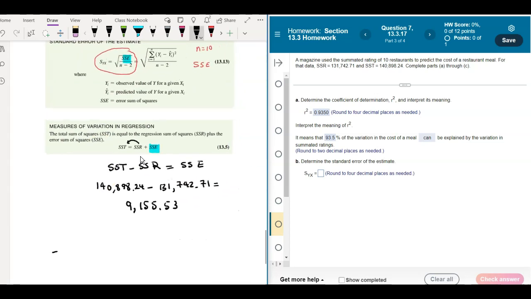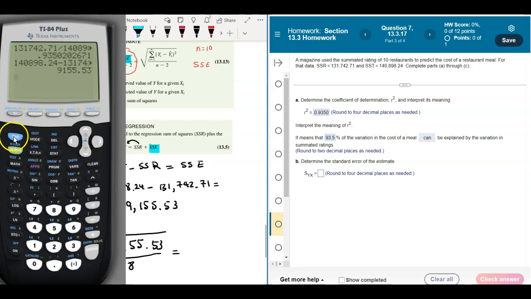Okay, so now we can use the formula above. The SYX, the standard error, is the square root of 9,155.53 divided by n minus 2, that's 10 minus 2, which is 8, right? Again, let's plug it in the calculator.